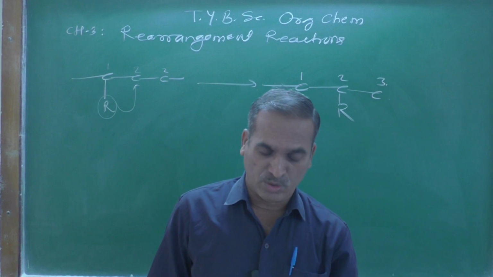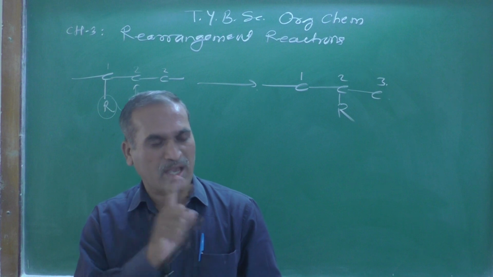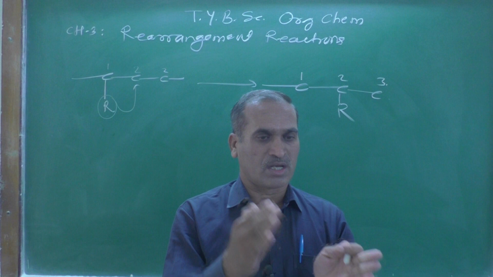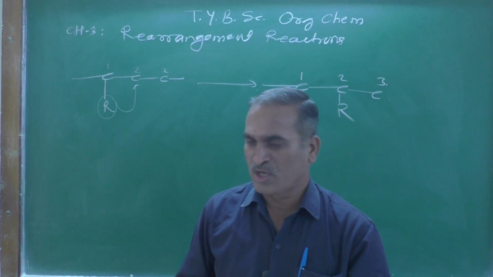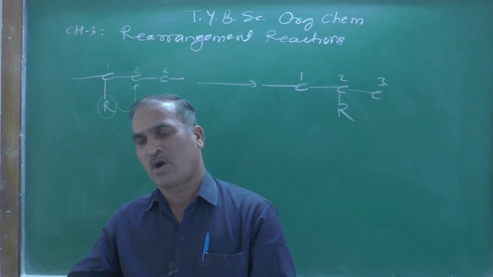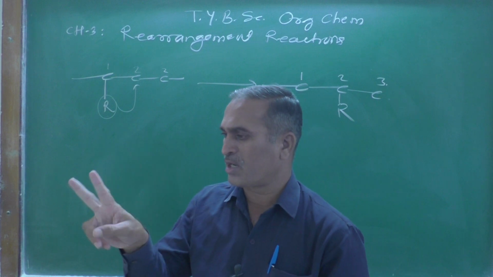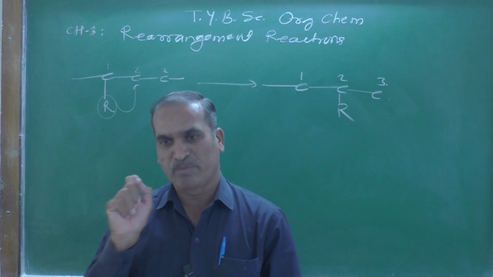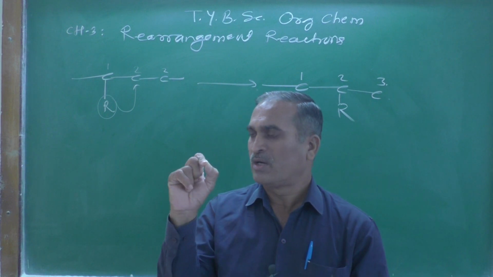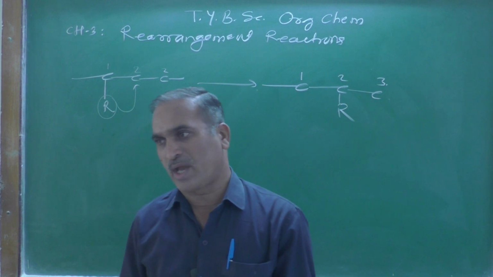And as we know there are different kinds of mechanisms. As I already told you, mechanism is nothing but the detailed study of the sequence of steps involved in the conversion of reactant into product. There are mainly two kinds of mechanisms: one is the ionic mechanism, and the second is the free radical mechanism.